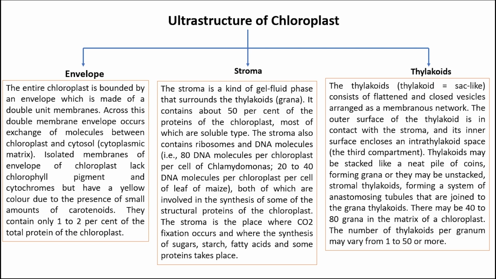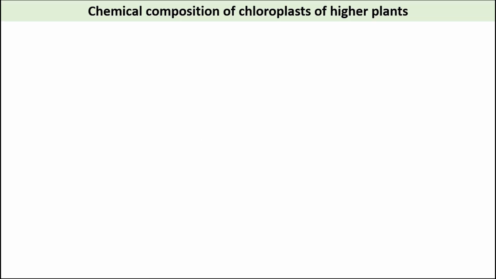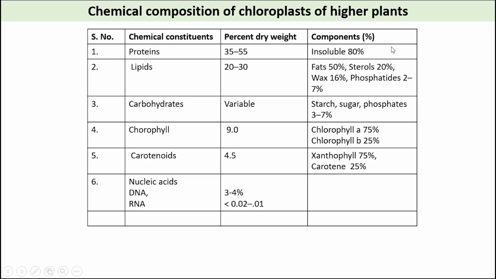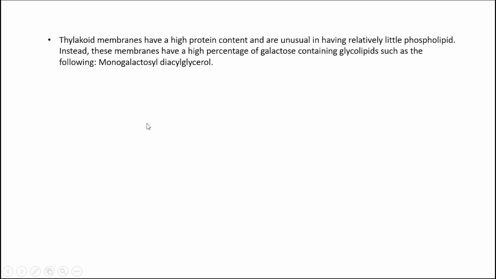Chemical composition of chloroplasts of higher plants. Chloroplast contain proteins, lipids, carbohydrates, chlorophyll, carotenoids and nucleic acids. Thylakoid membranes have a high protein content and are unusual in having relatively little phospholipid.